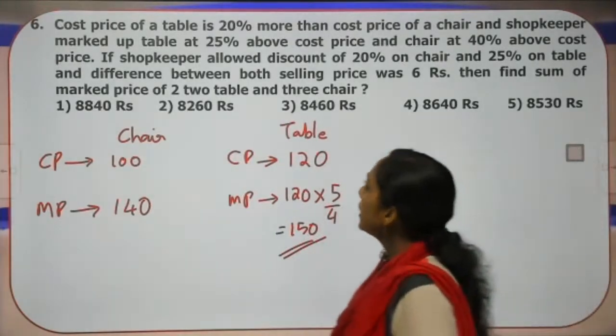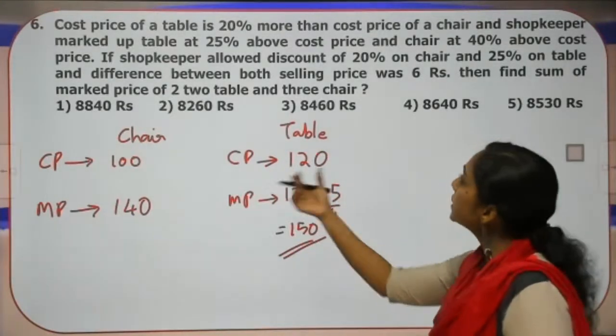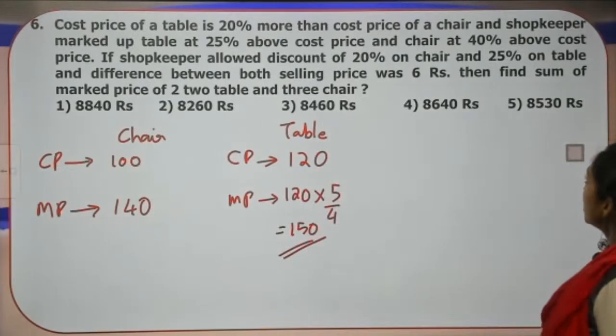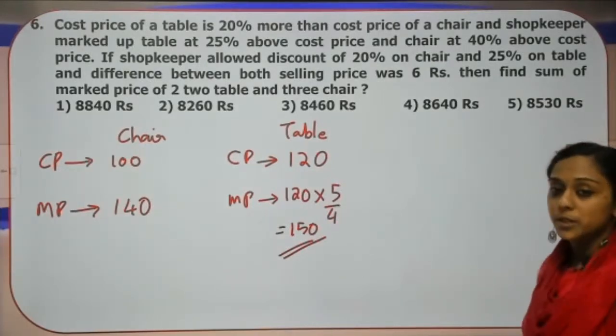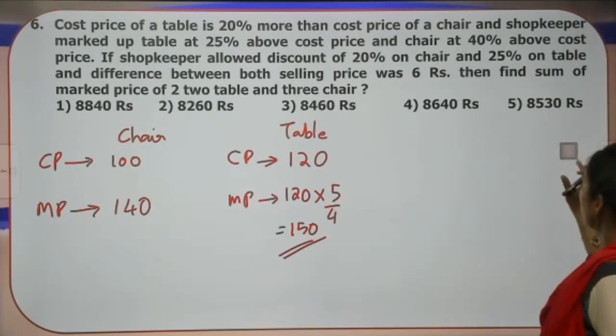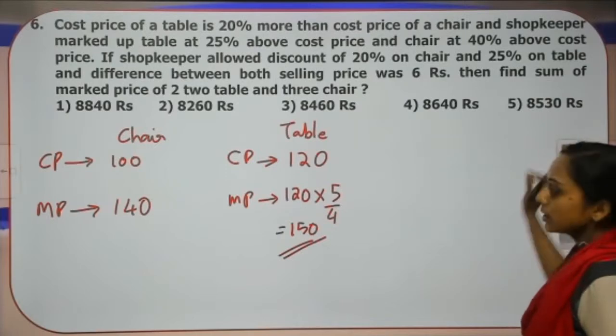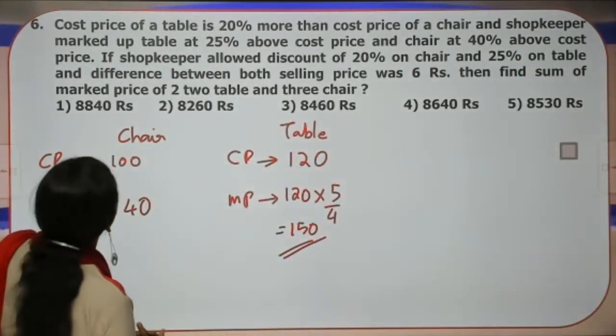If the shopkeeper allowed a discount of 20% on the chair, so on the chair he is giving a discount of 20% and 25% on the table, and the difference between both the selling prices was ₹6. So the difference is 6. Then find the sum of the marked price of... So here, the discount percentage. On the chair the discount is 20%.